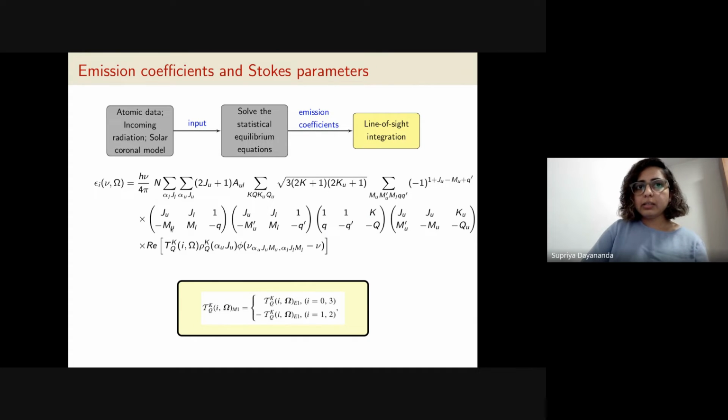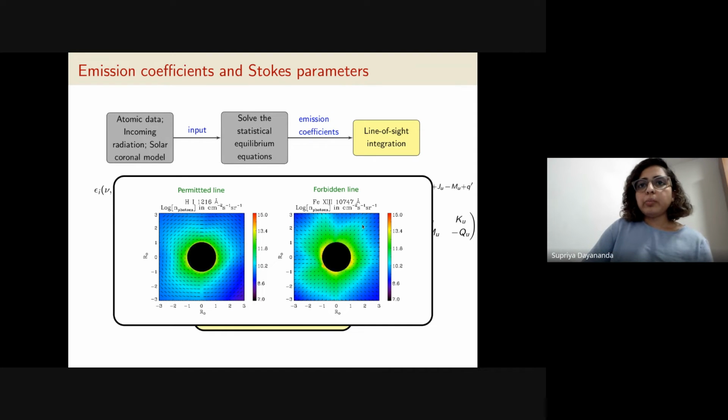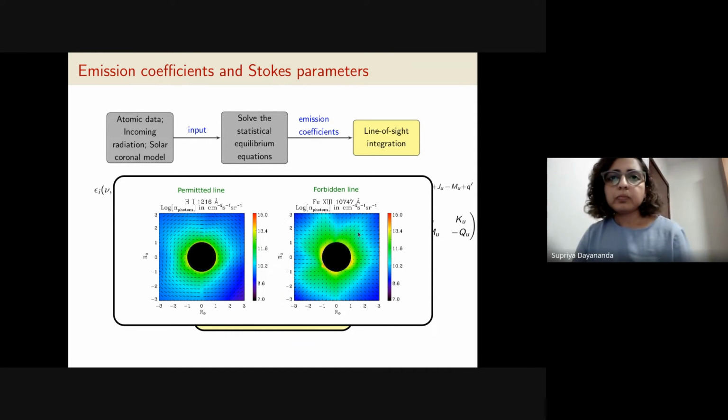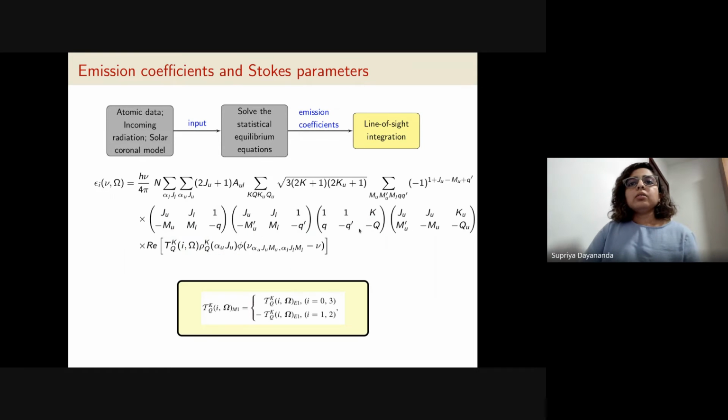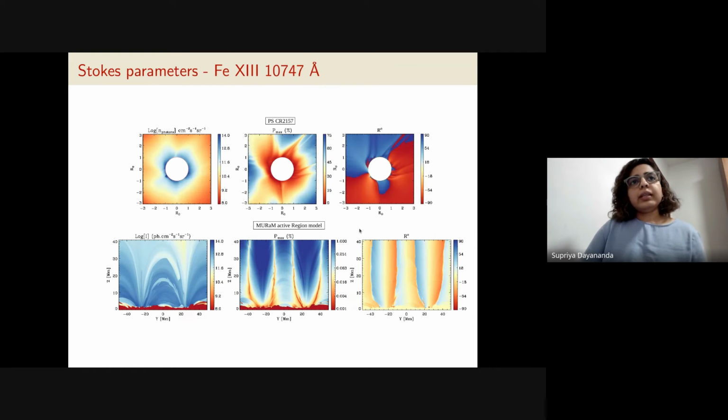Like I said, this is a tensor containing the information about the scattering event. And this change in sign for the linear polarization signal is what gives you the change in the linear polarization direction.